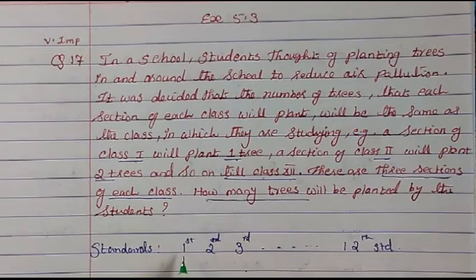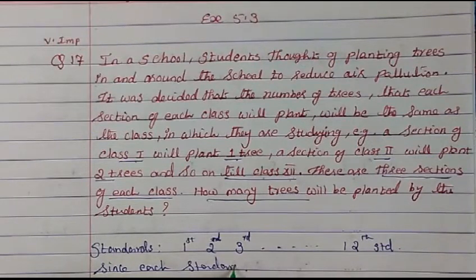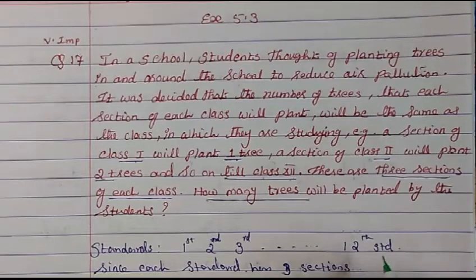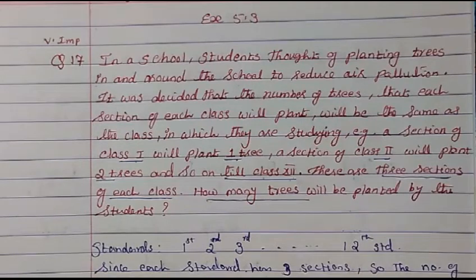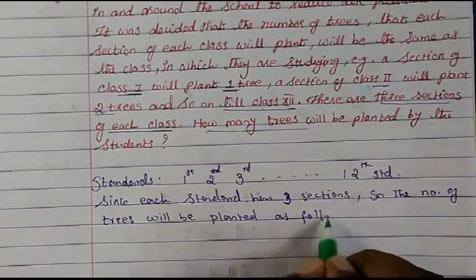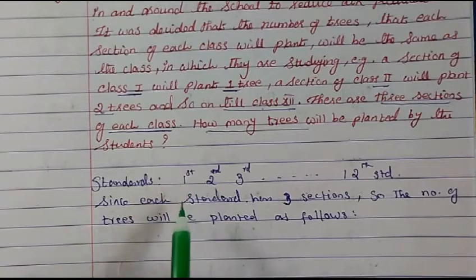Since each standard has 3 sections, the number of trees will be planted as follows.